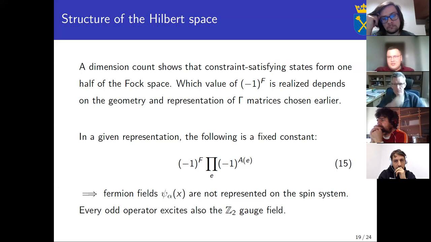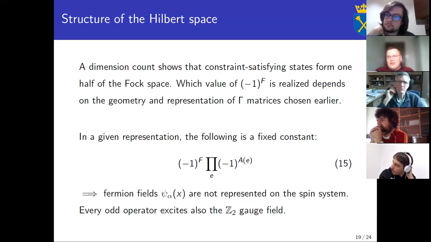So this is also the reason why these basic operators in this system can be bosonic: they do not create a fermion, they create a fermion together with a gauge field. But if you think about exchange of two such things, then this exchange involves not only exchange of fermions, but also some Aharonov-Bohm phase, and therefore the total exchange could be bosonic.